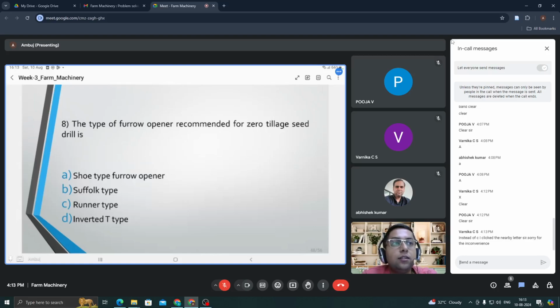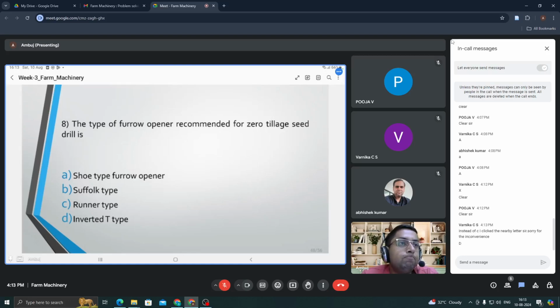Just try to answer this question. The type of furrow opener recommended for zero tillage seed drill is shoe type, Suffolk type, runner type, or inverted T type. D. Good. Inverted T type. Very good. Abhishek, according to you, what would be the correct option?